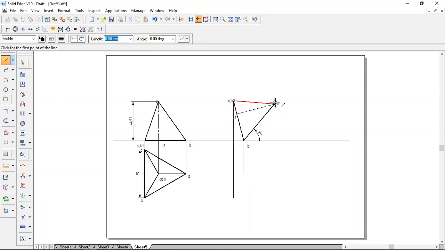Then O dash comes on the same line. Next is O1 dash. O1 dash and O come on the same line. Now horizontal projection. So this represents the C dash, then this represents the A and A dash line intersection point. Then this represents the O1.